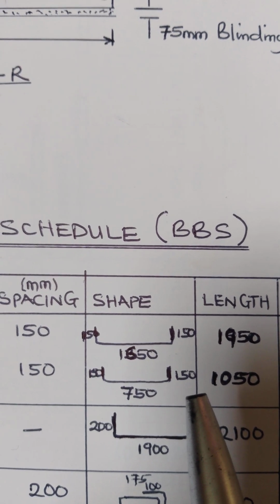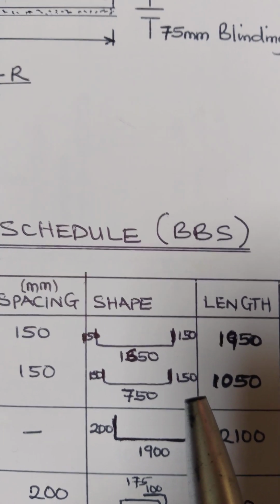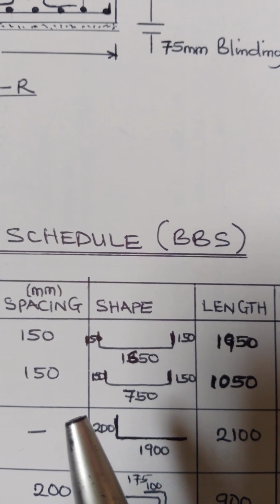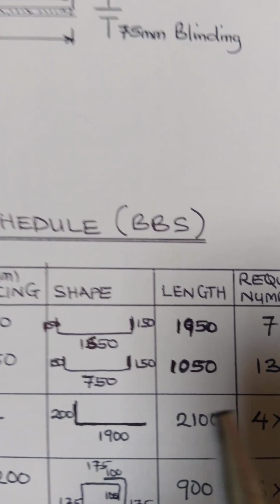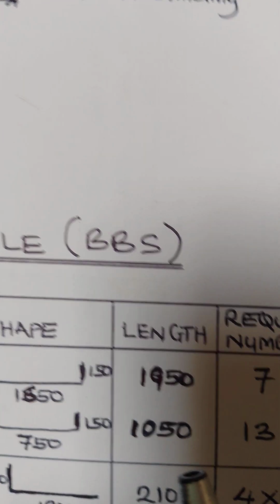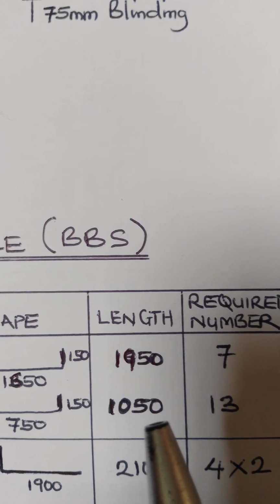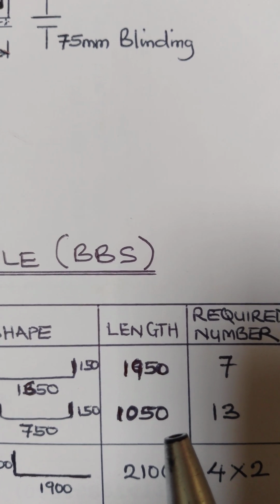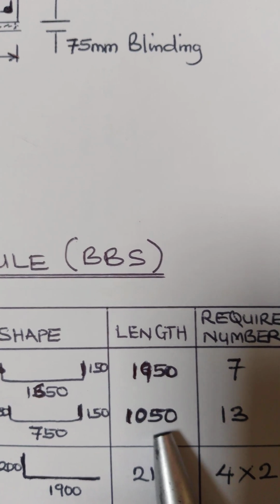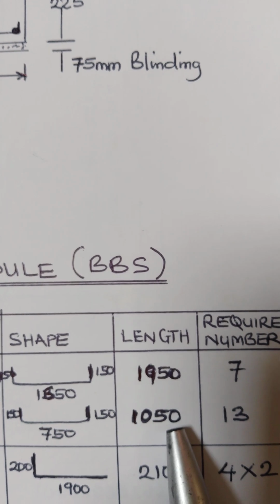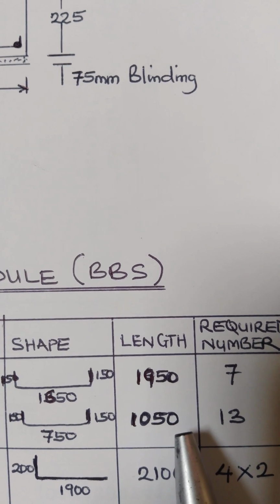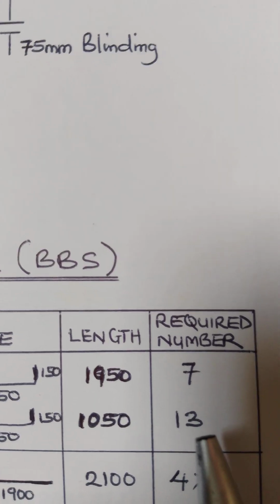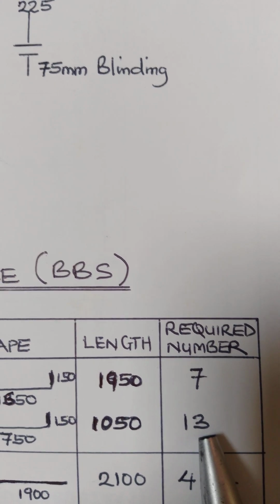we have to deduct the spacing, the clear distance for both sides. So we are left with this. When you sum this up, you are having 1050 millimeter. So the steel fitter is expected to cut this length, 1050 millimeter, and is expected to cut 13 in number.